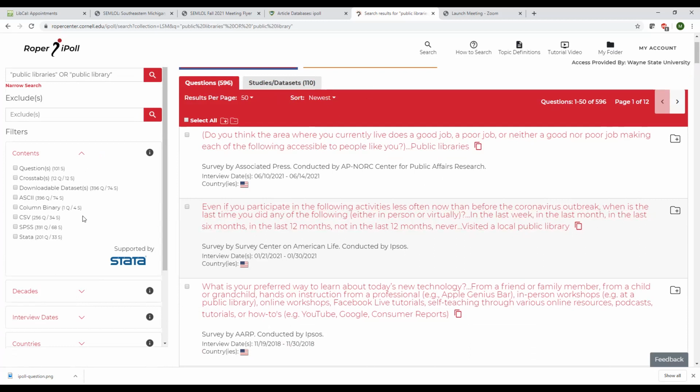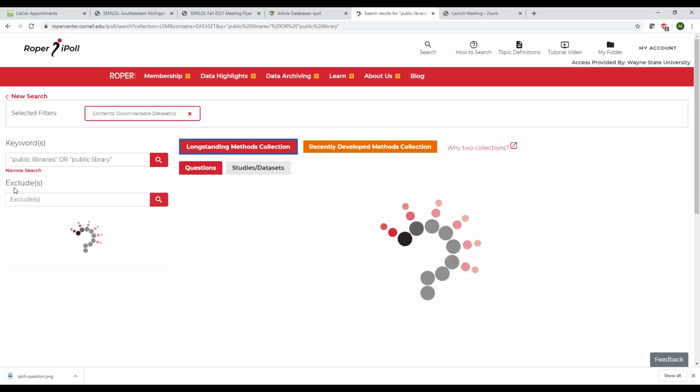So over on the left-hand side, let's say we really want to look only for data sets. We want a nice data set here. I can click on downloadable data sets. And now we're going to see results where there was a question that had to do with public libraries and the whole data set is included.